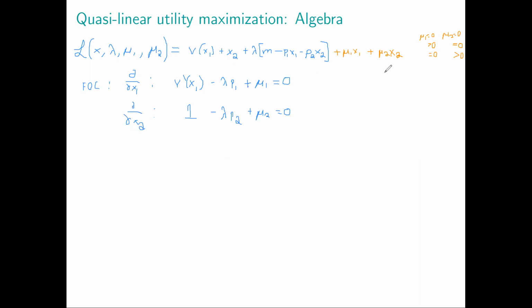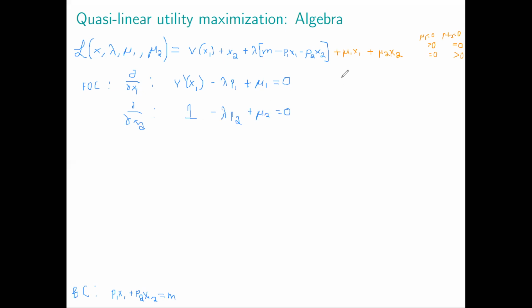So the budget constraint, let me see, I'll put it down here, is going to be P1 x1 plus P2 x2 is equal to m. Yeah, so this is the budget constraint, and these are the conditions we're going to be dealing with.